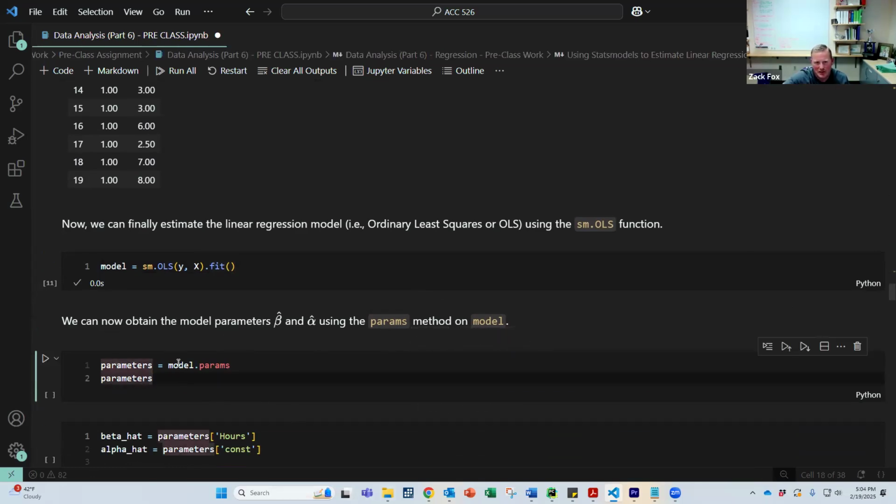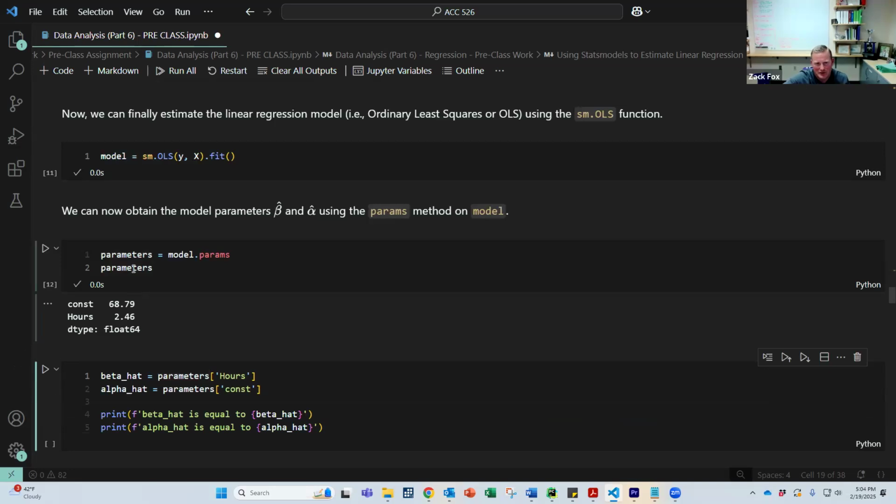So parameters equals model from up here dot params, and then we can print the parameters. So our constant starts at 68.79, and our hours is about 2.46. Meaning our coefficient from that regression, beta hat, is equal to 2.46.